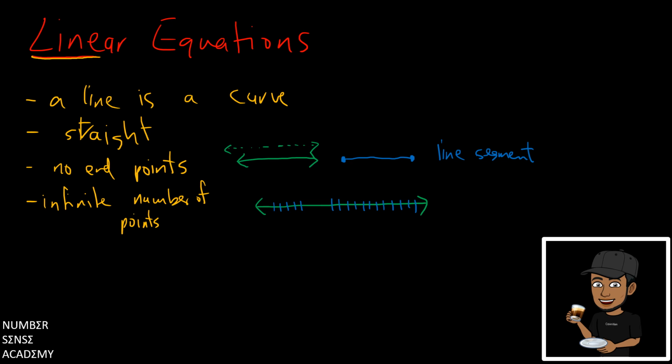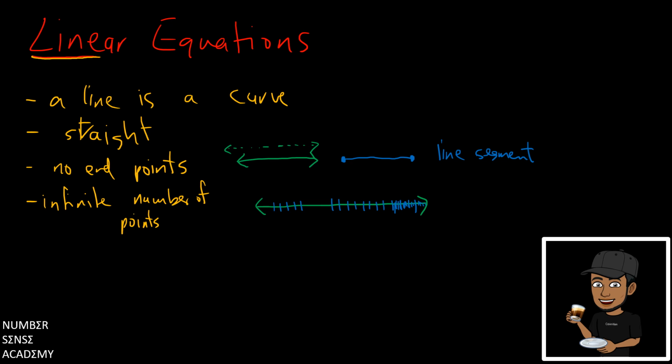I could draw as many points as I want on this line, and I can never cover it up until we start overlaying them on top of each other. The longer I draw this line, the more points become available. So there's an infinite number of points on the line.